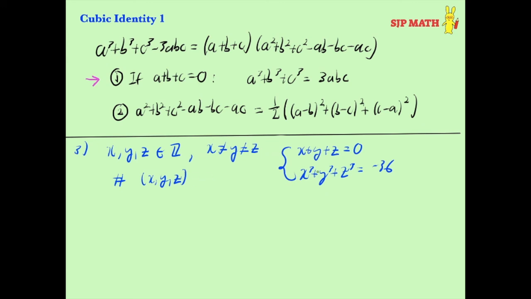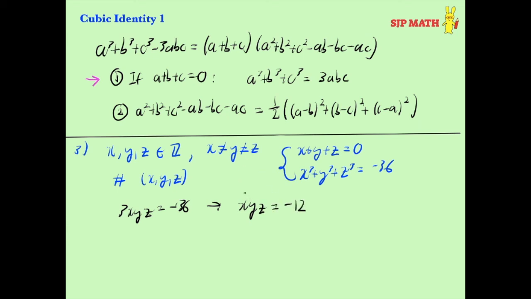So here we know that x plus y plus z is equal to 0. So then x cubed plus y cubed plus z cubed will be equal to 3 times x, y, z, which gives that 3xyz will be equal to negative 36. And this gives that x times y times z is equal to negative 12.